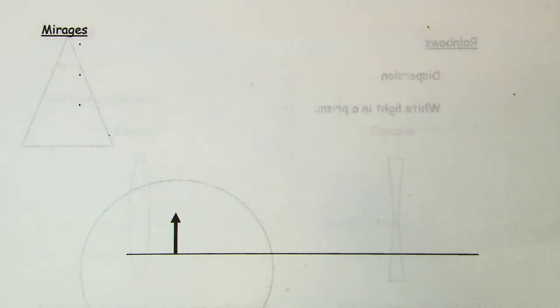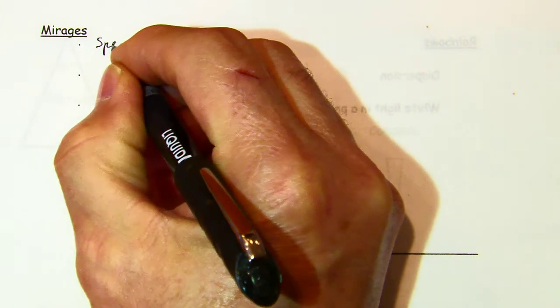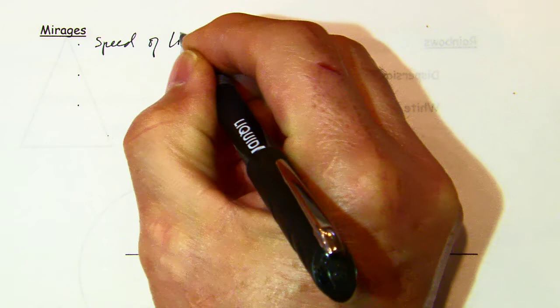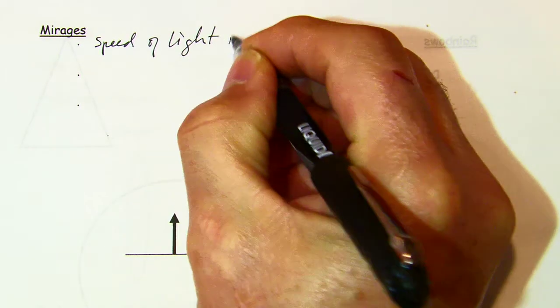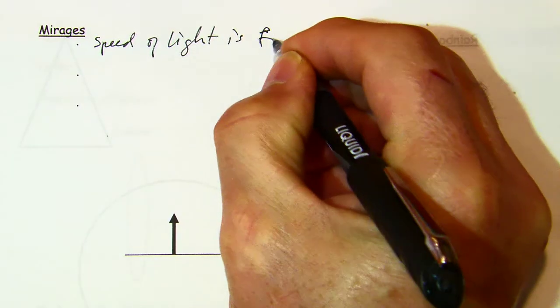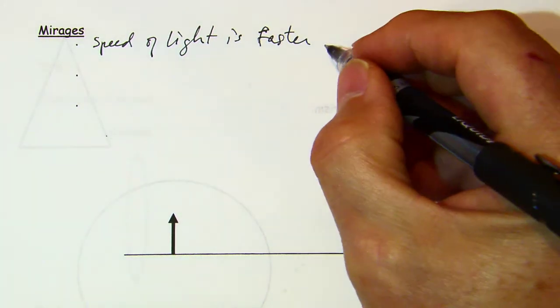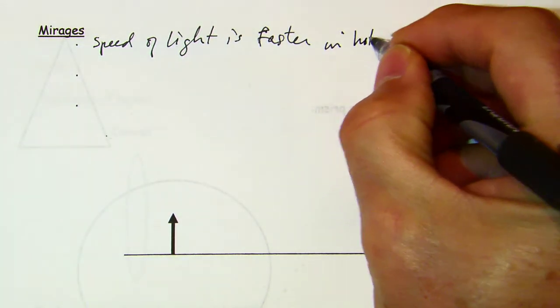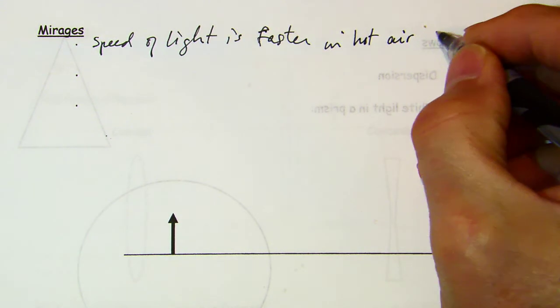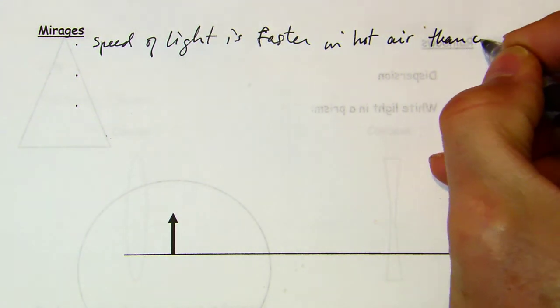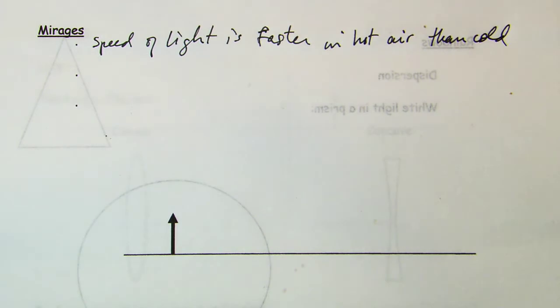As it turns out, the speed of light changes with temperature, and it is faster in hot air than in cold air. Okay, that's point one.